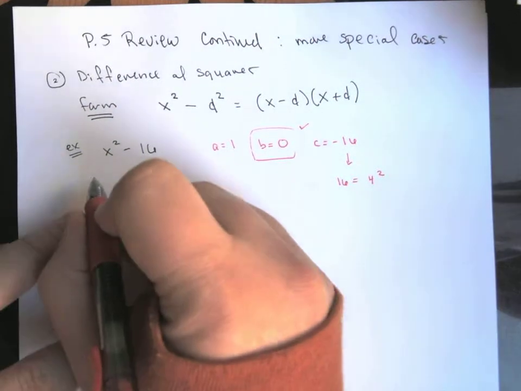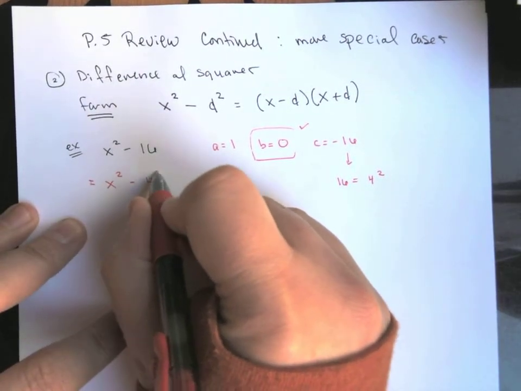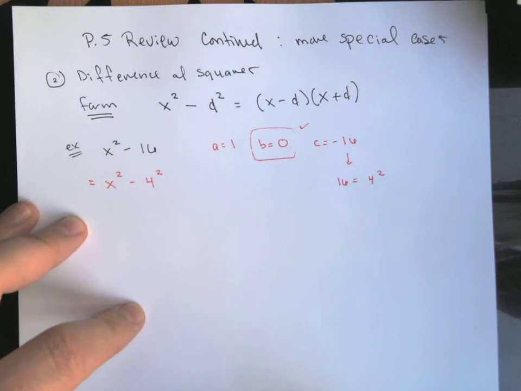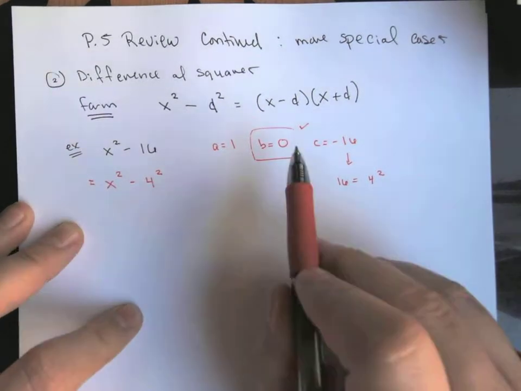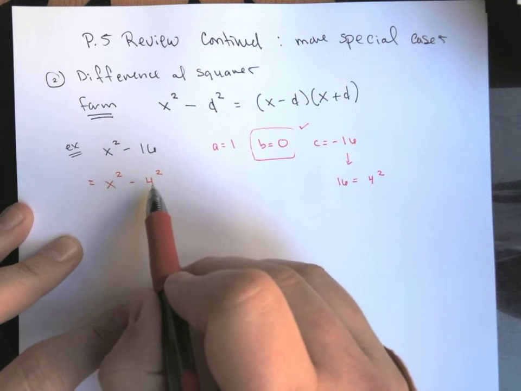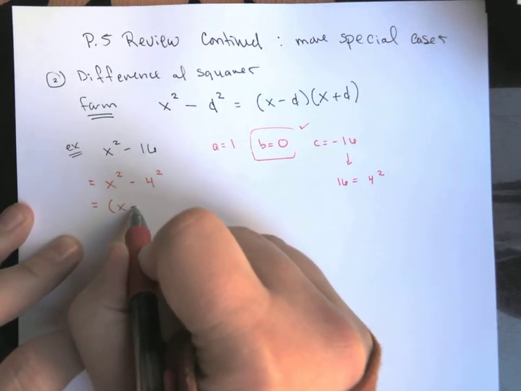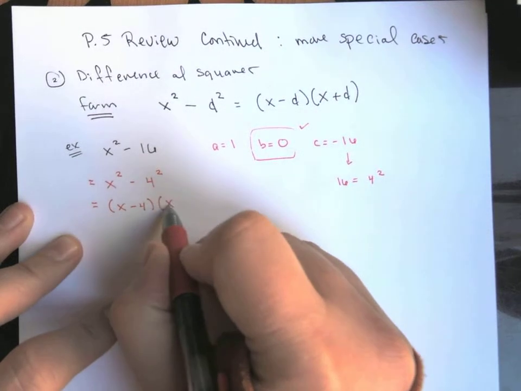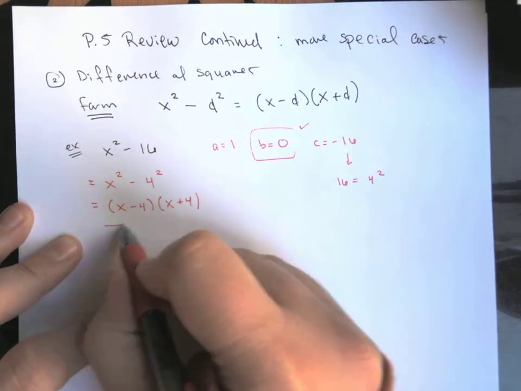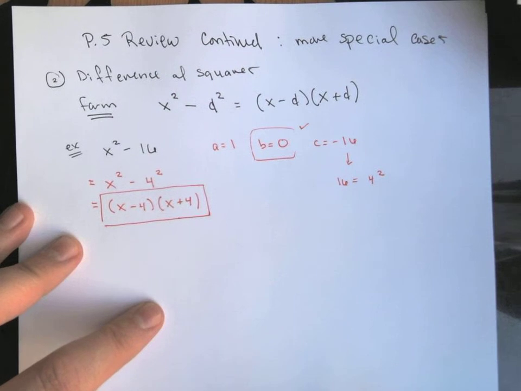So in theory, what should be happening here? I'll do the fast version and then we'll break it down. So this is x squared minus 4 squared, right? 16 is 4 times 4. So in theory, this should be x minus 4 times x plus 4. And I say in theory, but in fact it is.